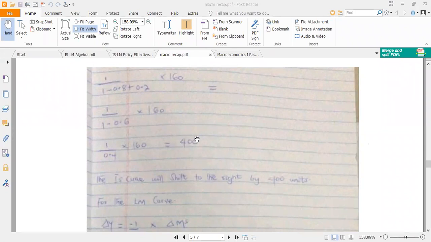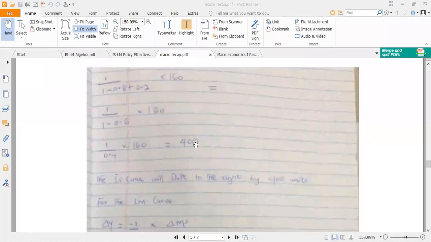Sir, please, assuming in the question they gave you G to be 100 and they say that it has increased to 160, will you use the difference? Yes, you have to check the words they are using. You can have increase by and increase to. If they say increase to, then the change in G will have to be the difference. Like your example, initially G was 100.